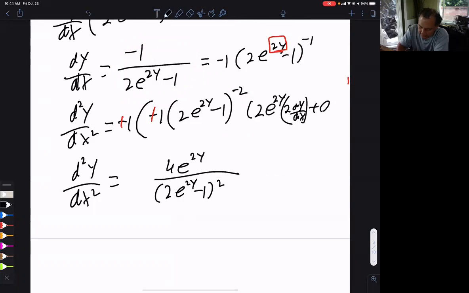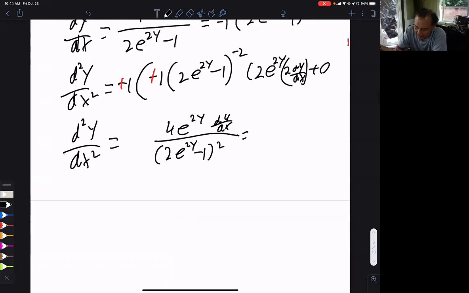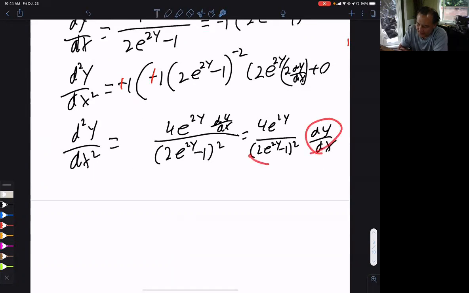Let's do it like this. I claim this is the same as this. Do you agree? Hopefully you do. Because this times this is just that. Okay?